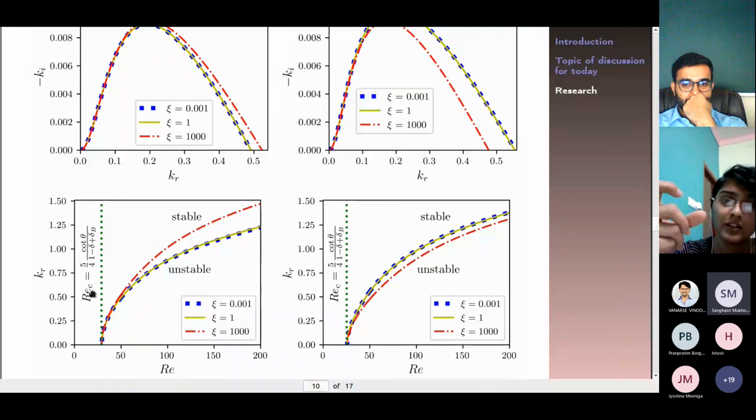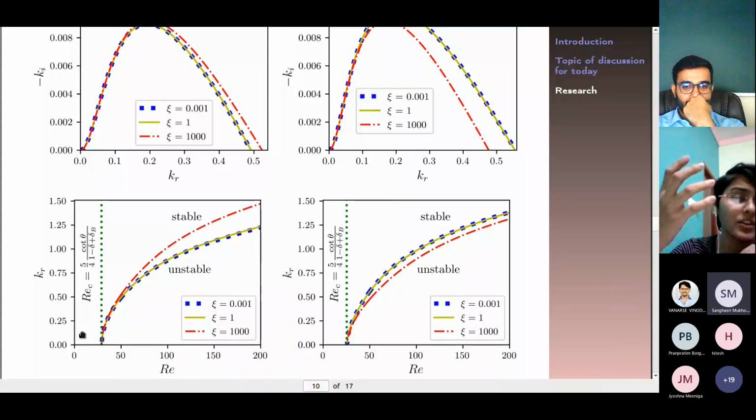The critical Reynolds number is approximately the same as the critical Reynolds number that we get using the Navier-Stokes equation for the entire fluid porous system.